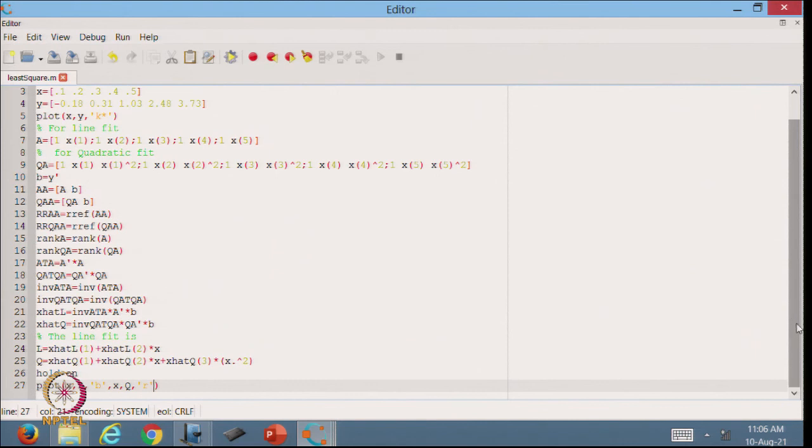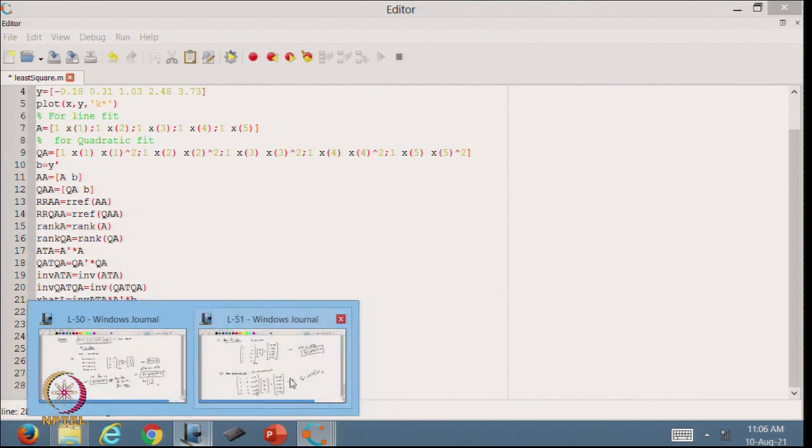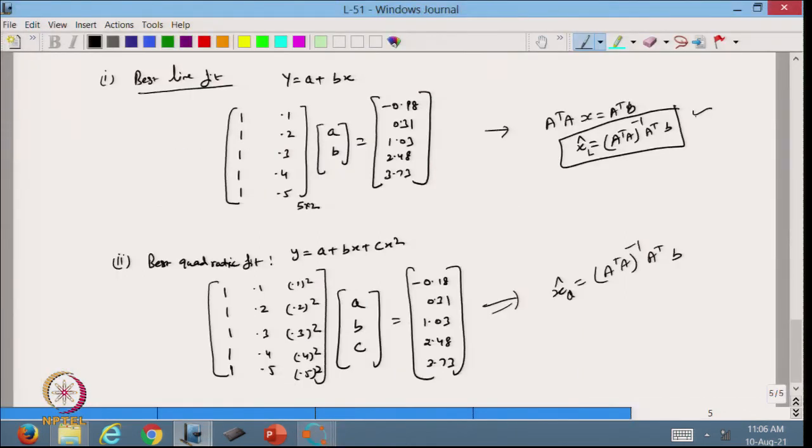So after doing this one, you can also check about the projection matrix, because we also define the projection matrix. I have solved this one, but these things can also be solved like this.